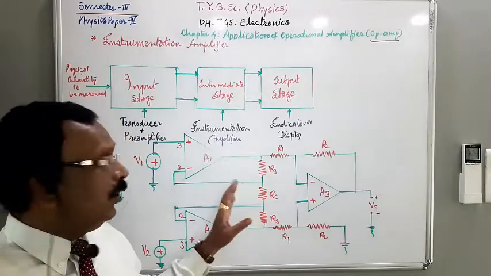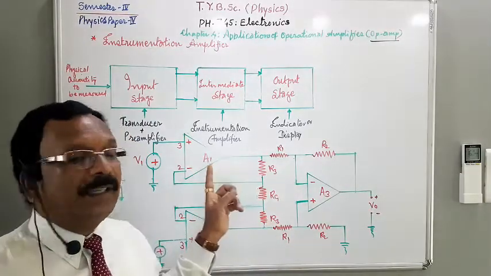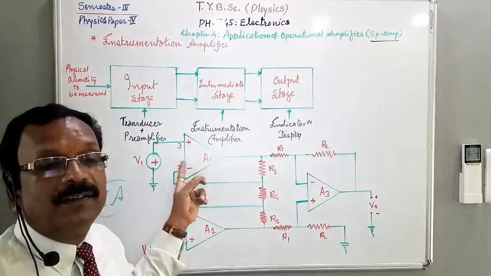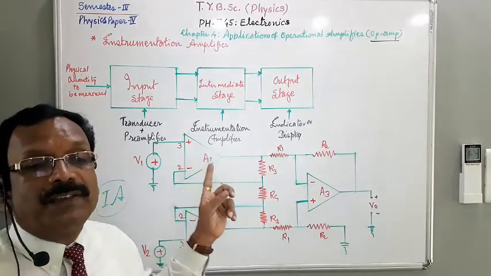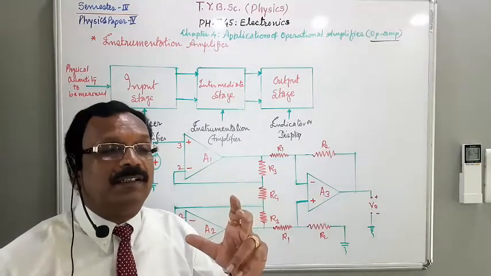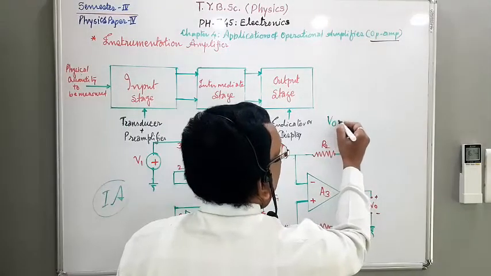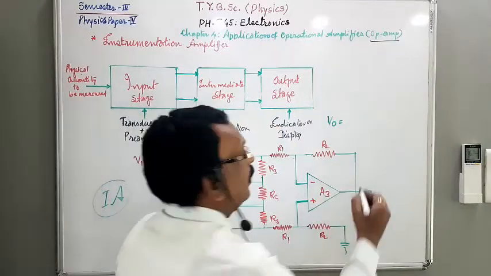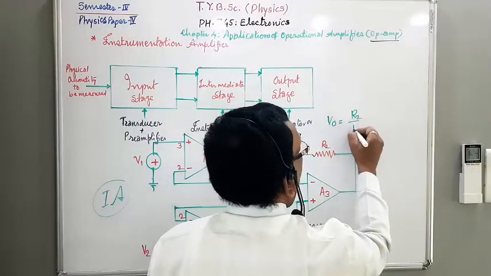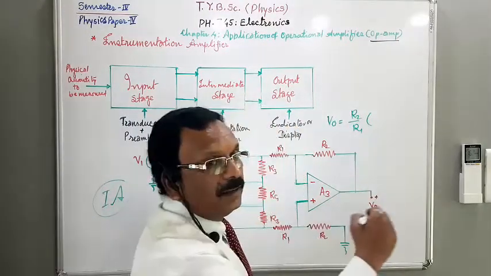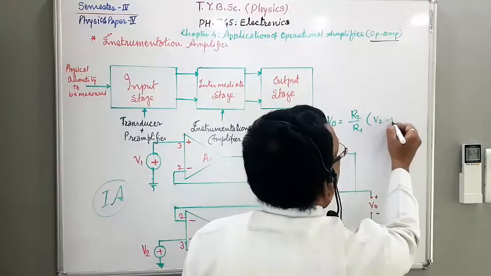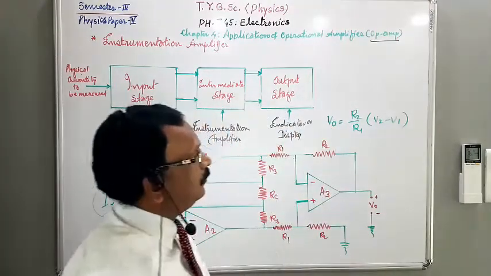As we know, a differential amplifier produces output voltage V0 equal to R2 upon R1 in bracket V2 minus V1. This is according to Ohm's law.